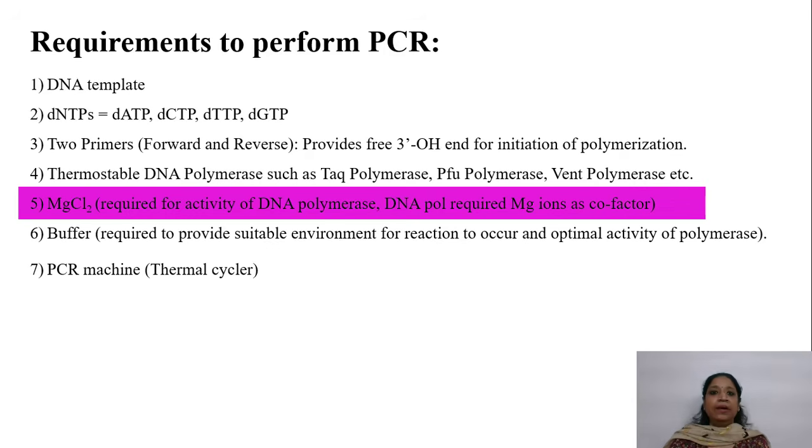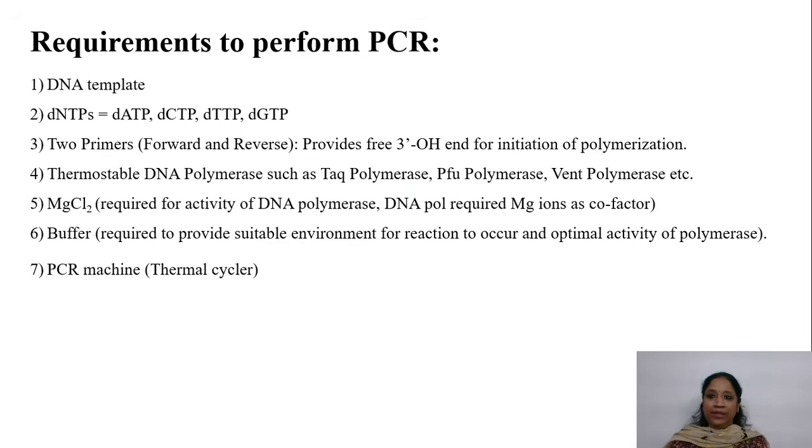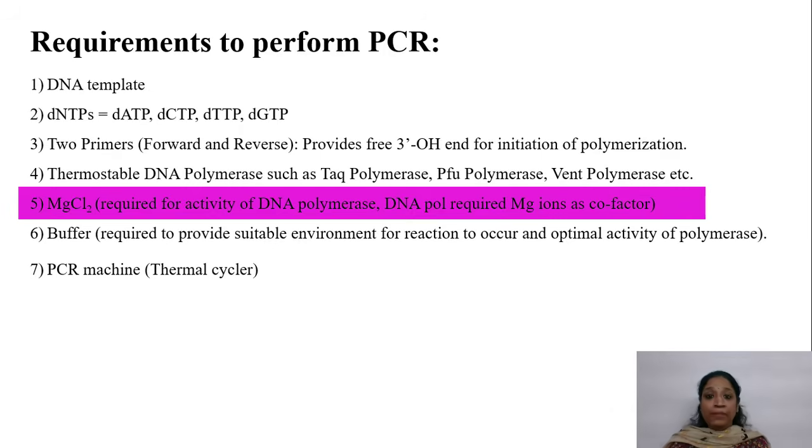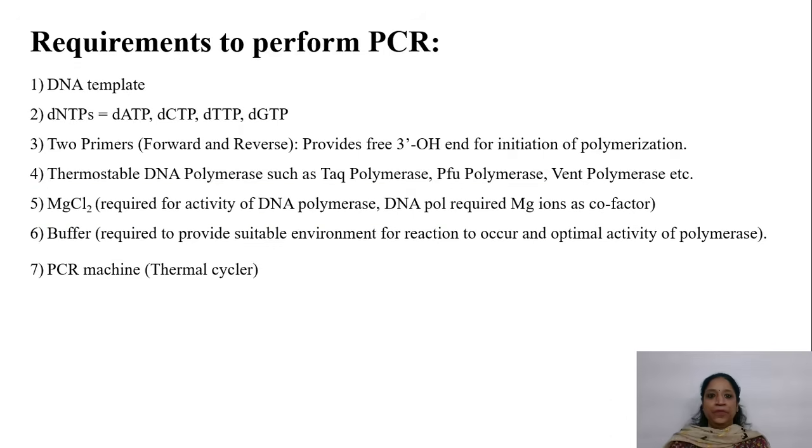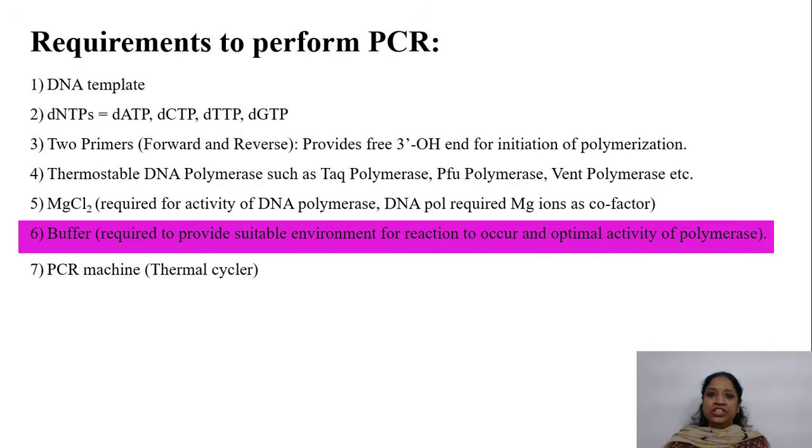Additionally, we need magnesium chloride, which acts as a cofactor for DNA polymerase enzyme, ensuring its optimal activity. Without magnesium ions, the polymerase cannot function effectively. To maintain the proper reaction environment, we use a buffer solution. This ensures that the pH and ionic strength are suitable for the polymerase to work efficiently throughout the process.